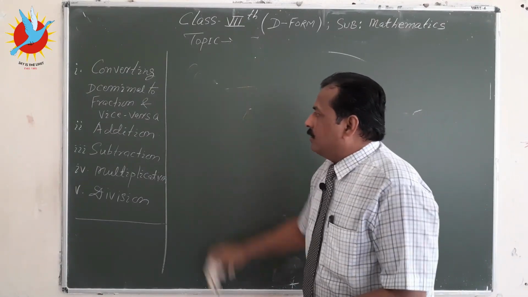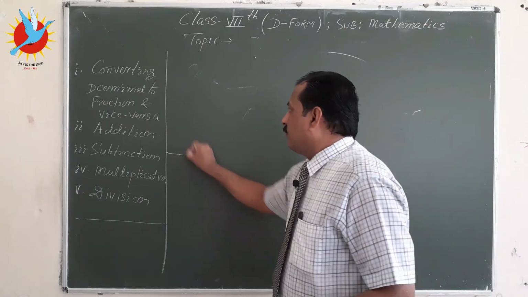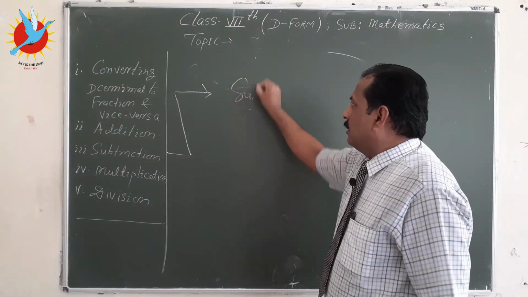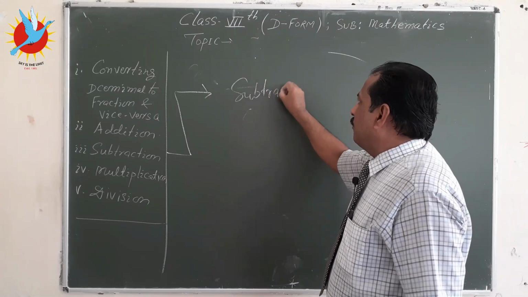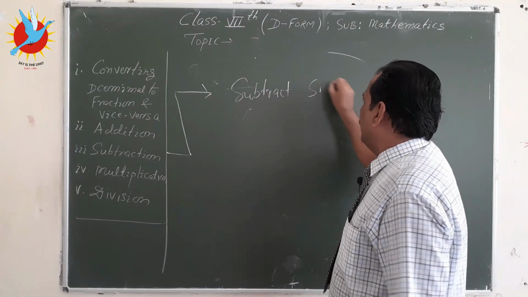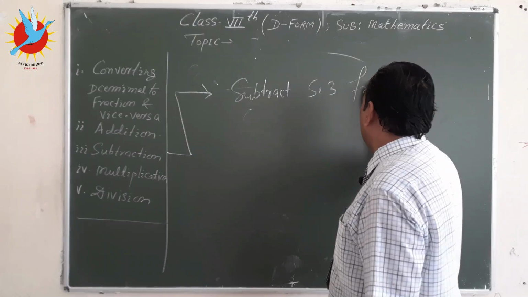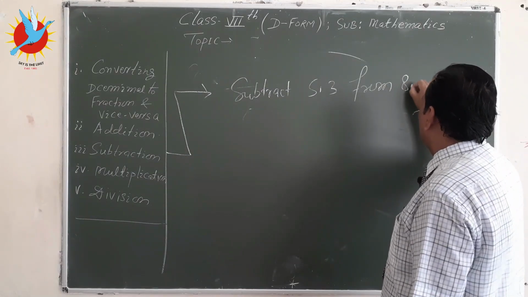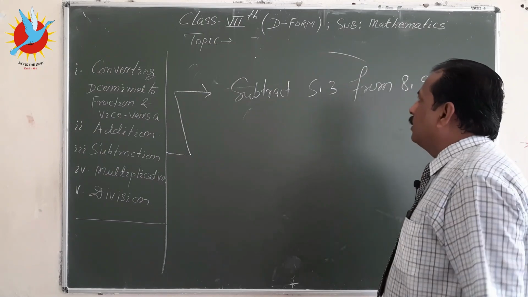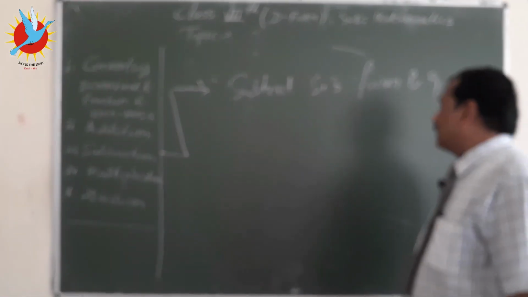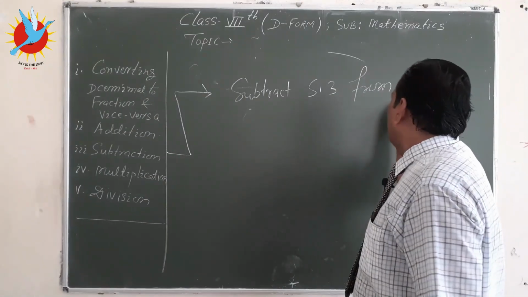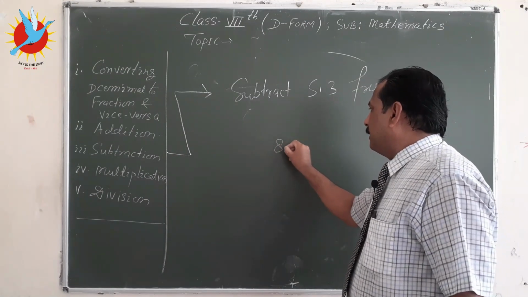So, in subtraction, let us do some examples. Subtract 5.3 from 8.9. So, I told you in previous sessions, from part is written in the first row. So, this is 8.9.